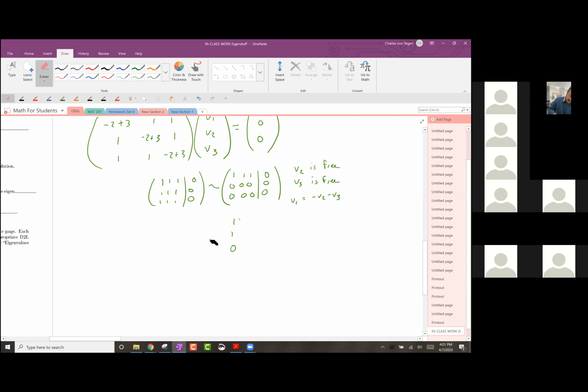Well, first, let me put this in the complete form, and then you can see what I mean. So our solution vector to this, we could write as 0, 0, 0 plus R times negative 1, 1, 0 plus S times negative 1, 0, 1. Are there any questions how I just represented that vector?